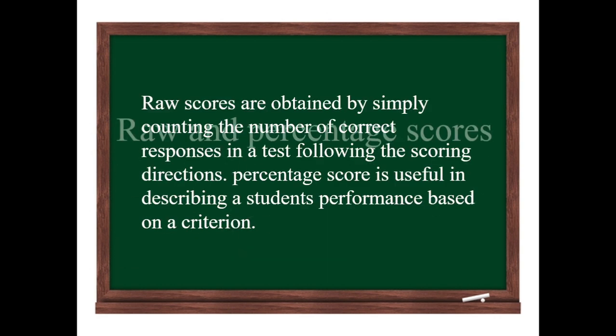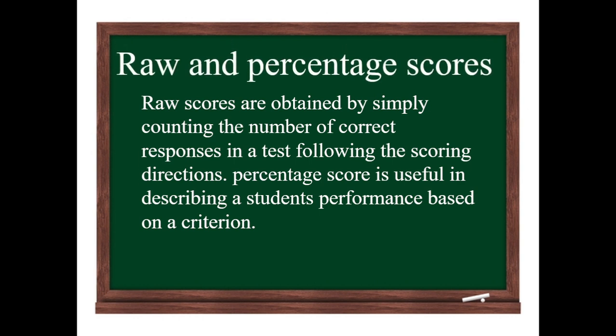Now, raw and percentage scores. Raw scores are obtained by simply counting the number of correct responses in a test following the scoring directions. Percentage score is useful in describing a student's performance based on criterion.